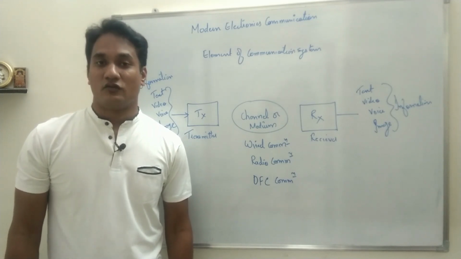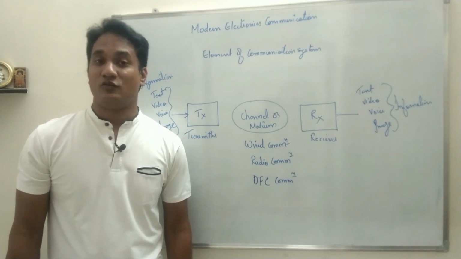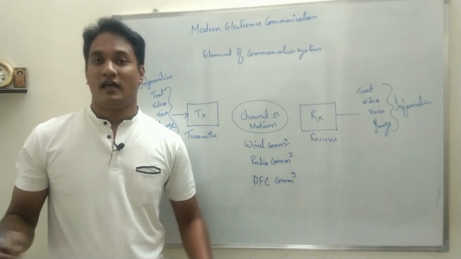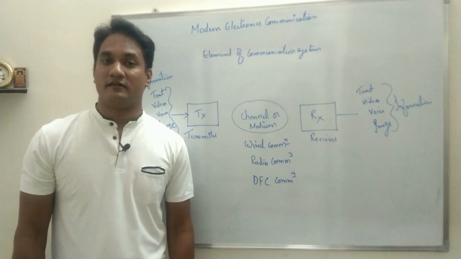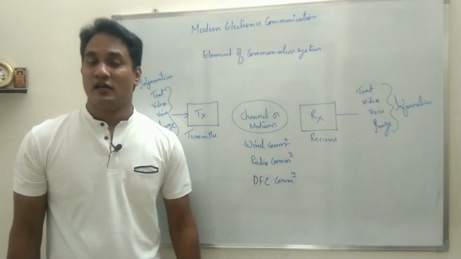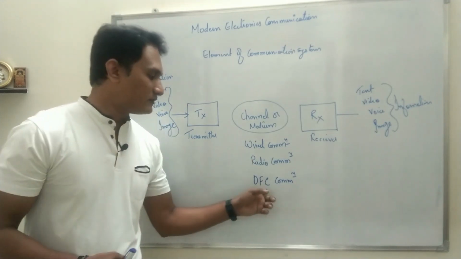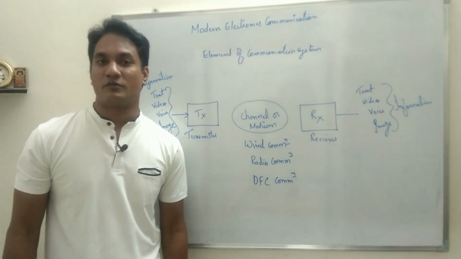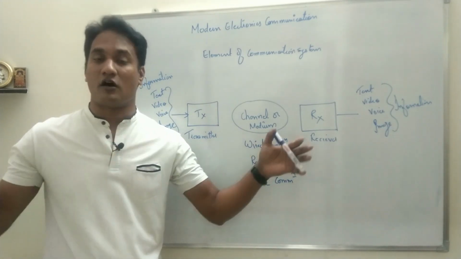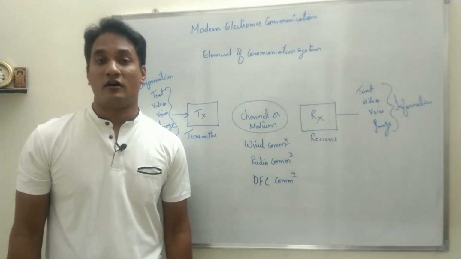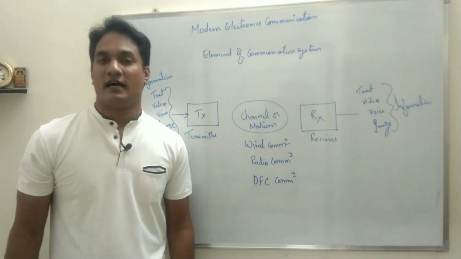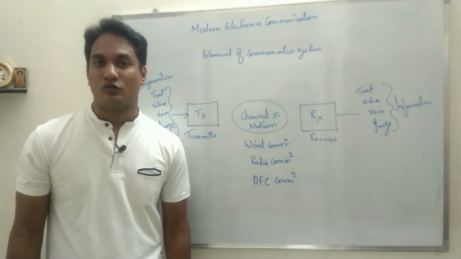The information has to be converted into light, then transmitted through the cable, and it can be received at the other end. This is more effective because a large amount of information can be transmitted over a long distance and at a very high speed. That is why I said it is more effective as compared to the other two.